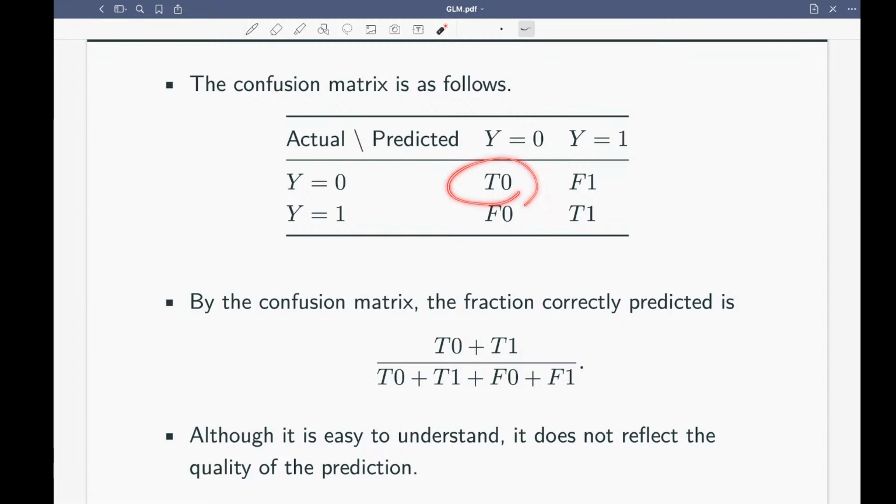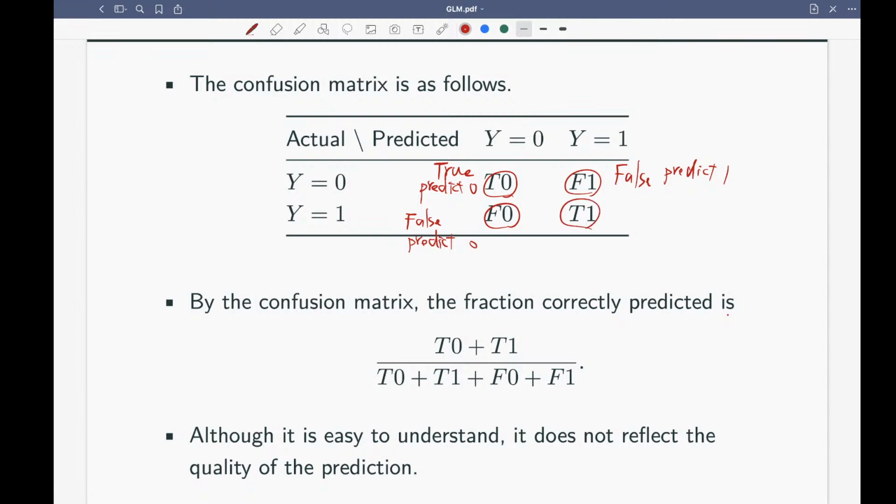This term T0 means true predict 0. F0 means false predict 0. F1 means false predict 1.